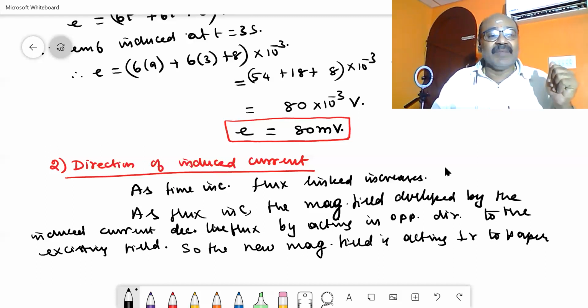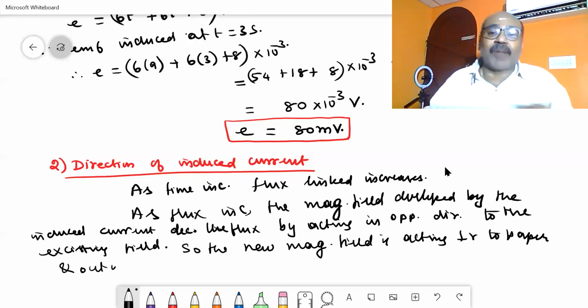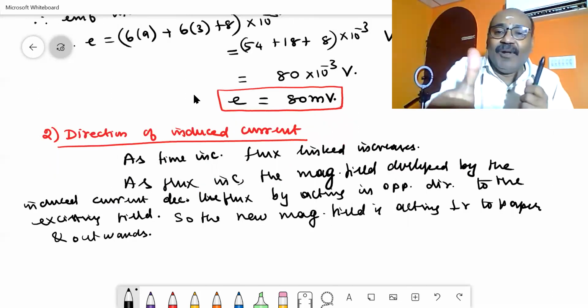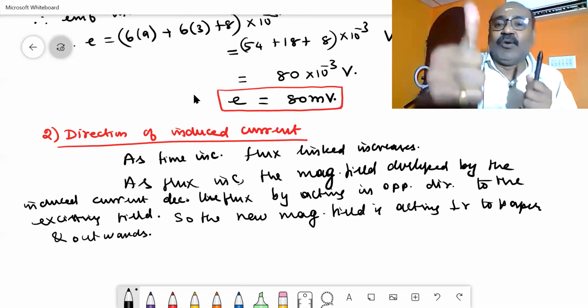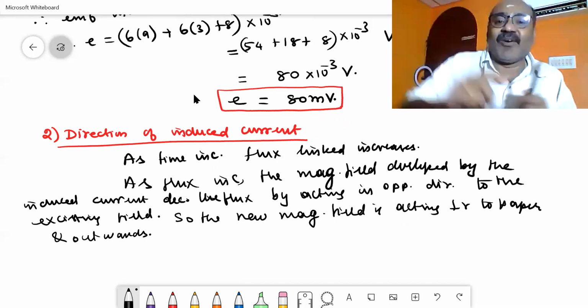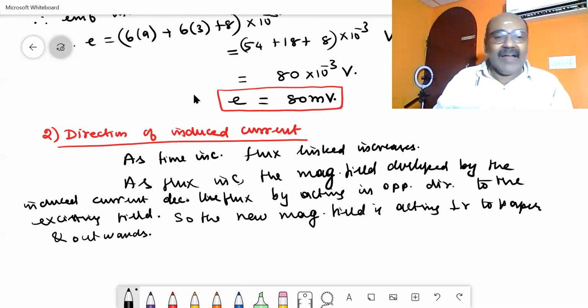What is the direction of the induced current? You apply the right hand thumb rule. The thumb gives the direction of the magnetic field, perpendicular and outwards. So the direction of the induced current is anti-clockwise.